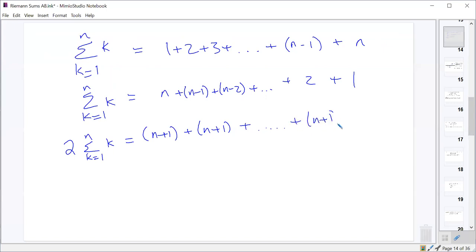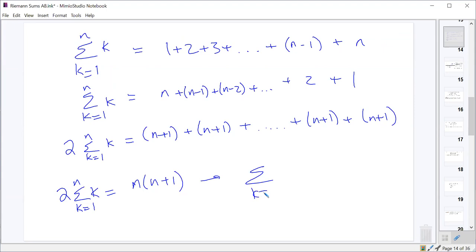And how many of those n plus 1 terms would I have? N of them, right? And so 2 of these summations ought to equal n times n plus 1, or 1 of these summations ought to equal n times n plus 1 over 2. Everybody good with that?